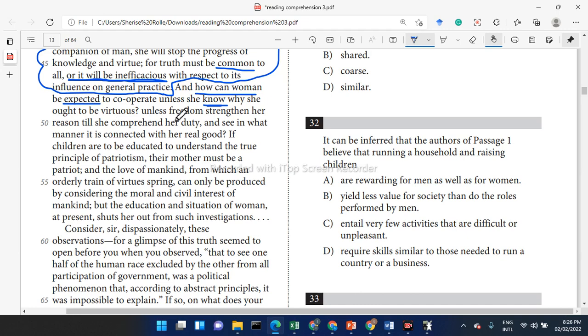And she says, unless freedom strengthen her reason till she comprehend her duty and see in what manner it is connected to her real good. If children are to be educated to understand the true principle of patriotism, their mother must be a patriot.